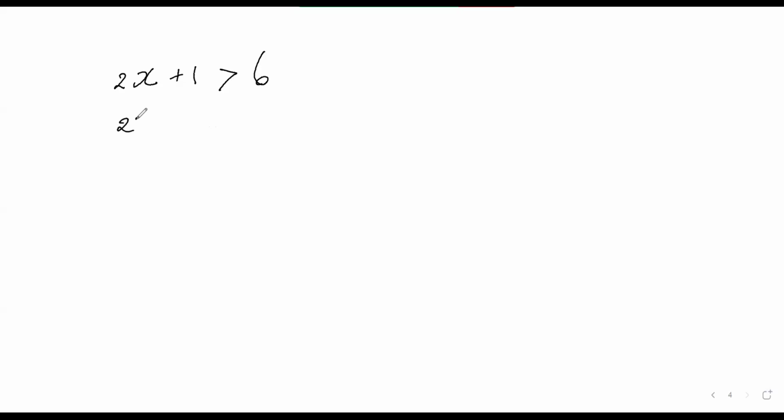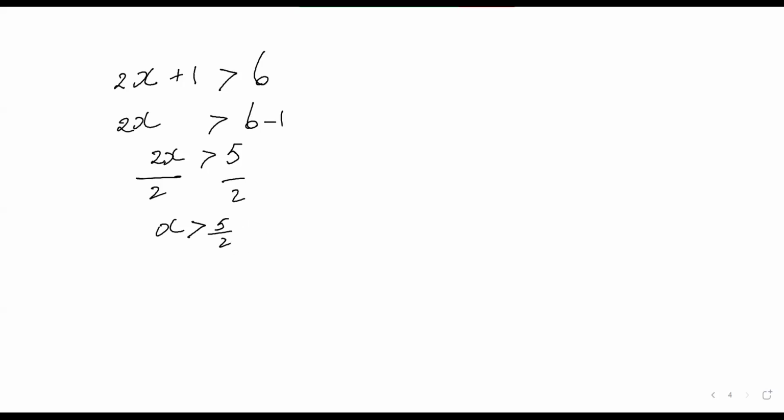So 2x is greater than 6 minus 1. So 2x is greater than 5. And then we divide by 2. So x is greater than 5/2.